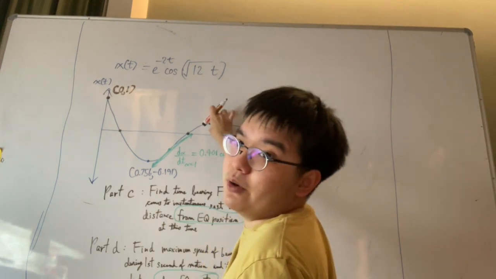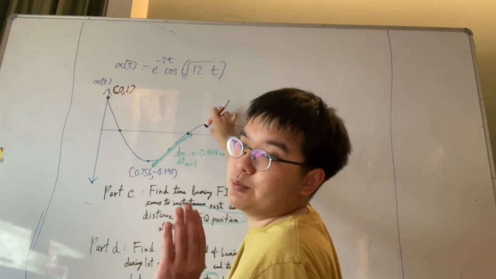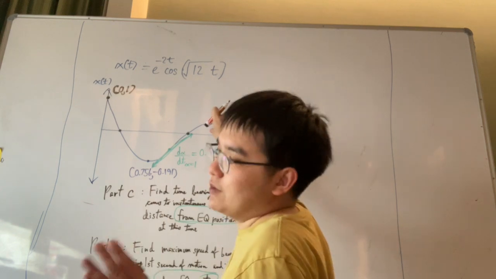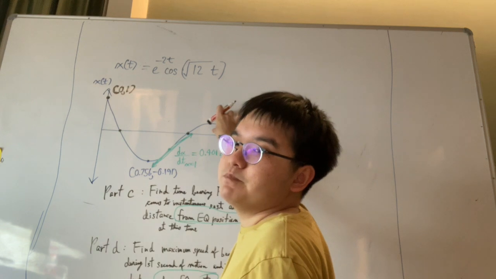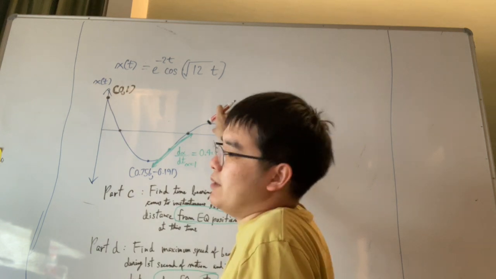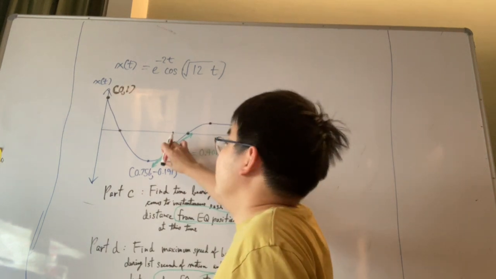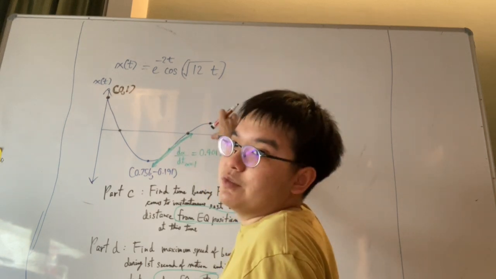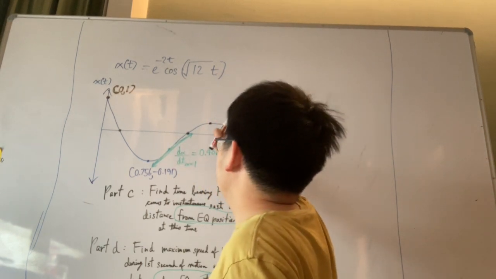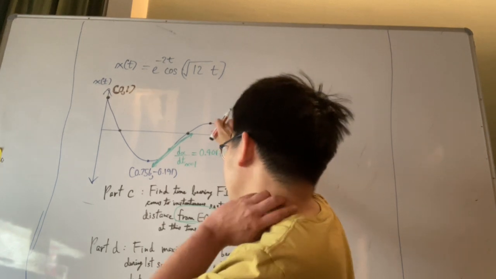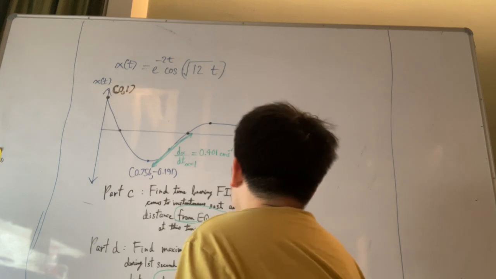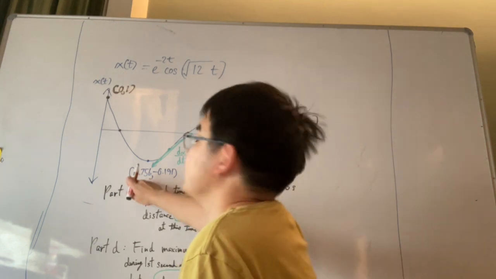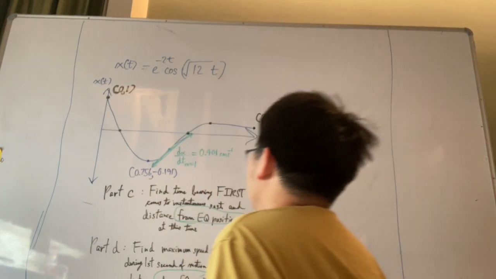But the types of critical points you'll get, where the first derivative is 0, are maxima, minima, and or horizontal inflection points. So you might have to do this if they ask you for a second time, or times plural. But since we just care about the first time, this suffices for our answer here.